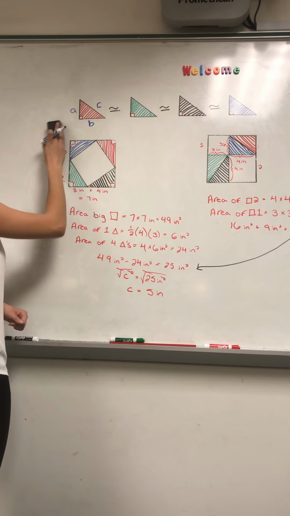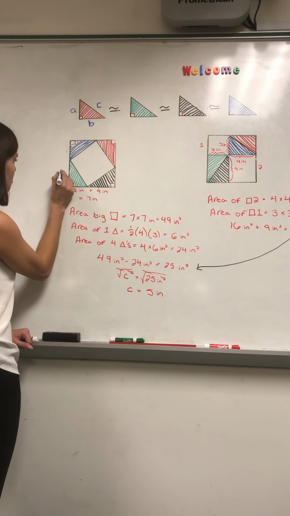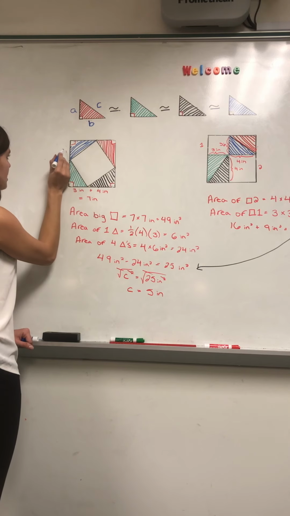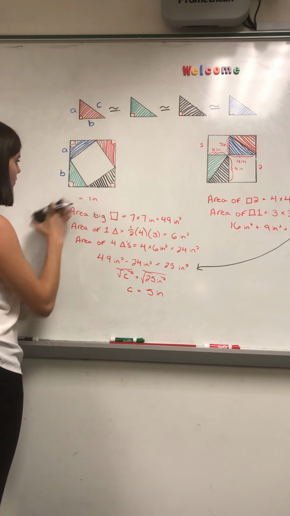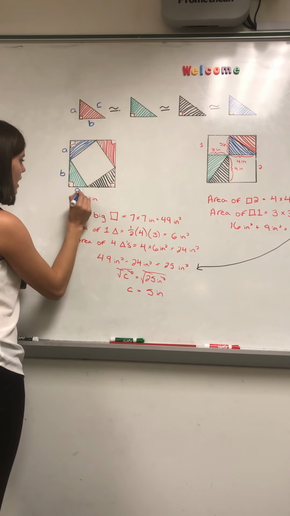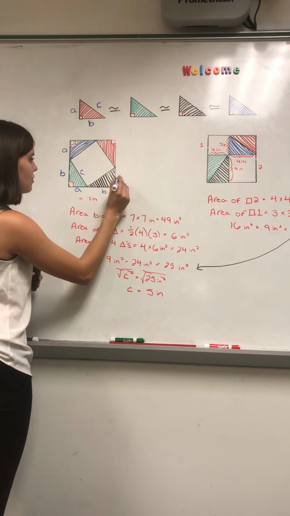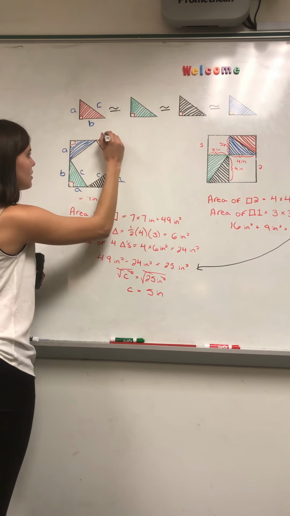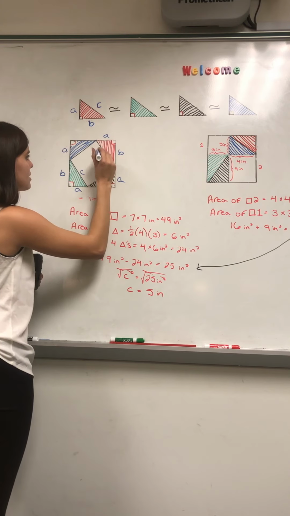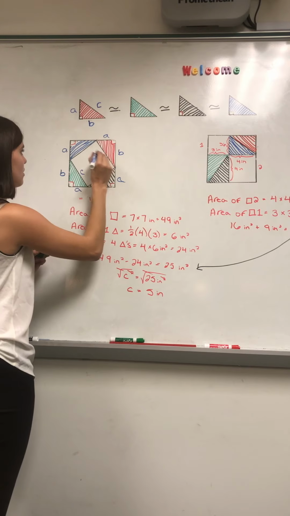So this over here, the long side we labeled B, and this is A, and if this side is B on this triangle, we know this to be A, and that would be C. And this will kind of repeat itself. And this will be C, B, A, and C.